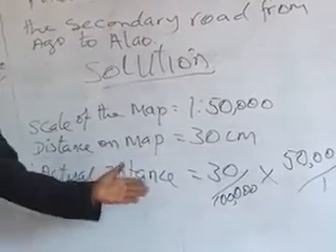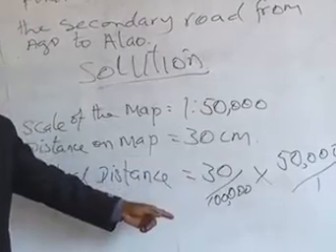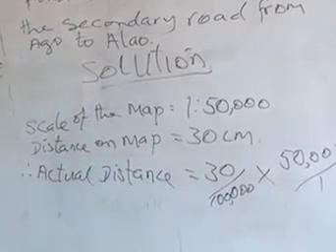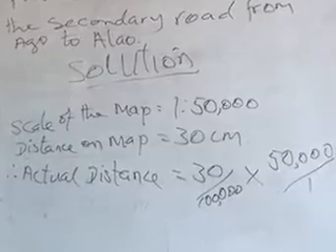The actual distance will now be 30 over 100,000 times 50,000 over 1, or in kilometers.